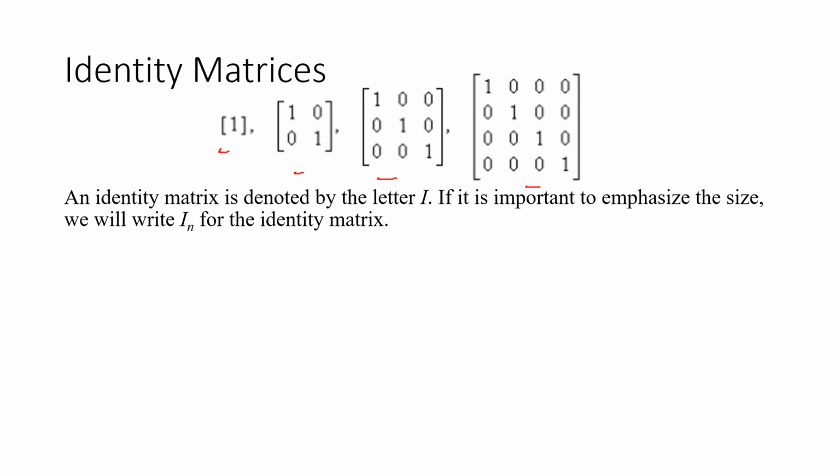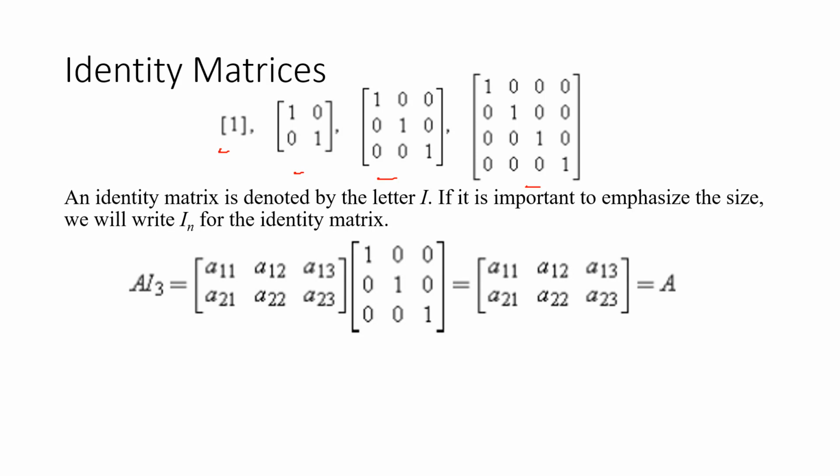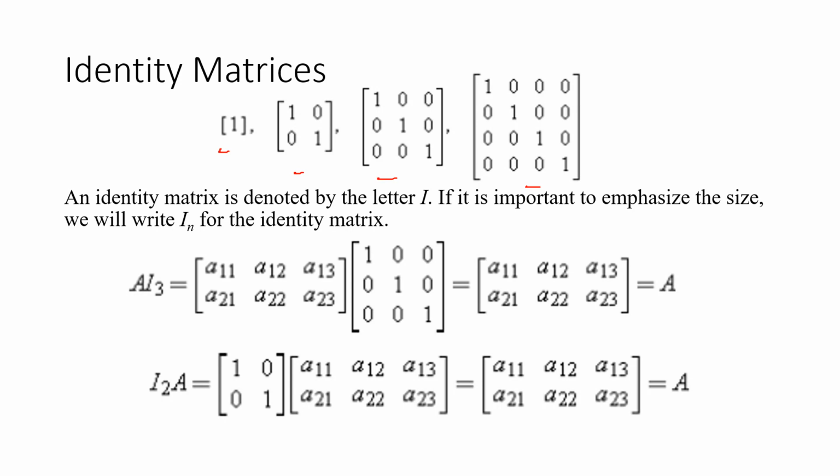Multiplying on the right by the 3 by 3 identity matrix, as you can see, the outcome would be the same as matrix A. And multiplying on the left by the 2 by 2 identity matrix, again we have the outcome A.